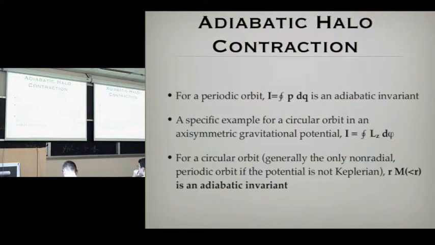That's kind of obvious. It turns out that in detail, the contraction is not adiabatic, so you can't model it to within any worthwhile accuracy using this model. But you can simulate it.